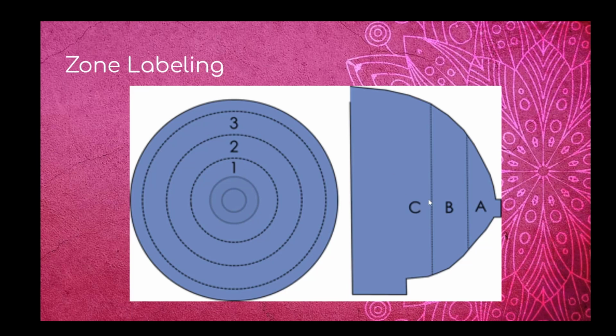And then we look at the breast depth. So if it is very superficial towards the nipple, we're in zone A. If it is very deep to the chest wall, then we are looking at zone C. So you might label a breast, right breast, zone 2B. And then we know it's mid breast, mid depth. So it's just a way of kind of telling the eye where to look for that lesion.